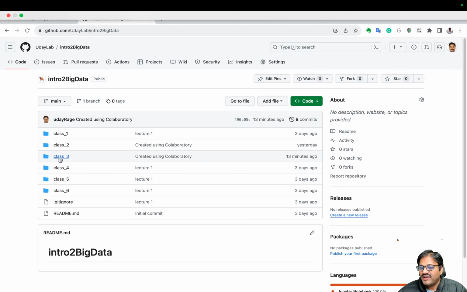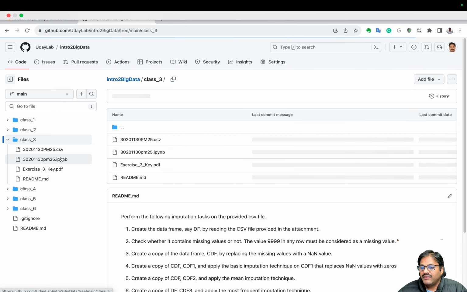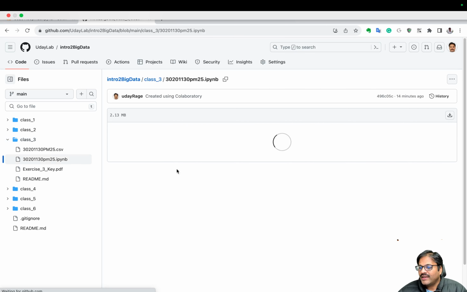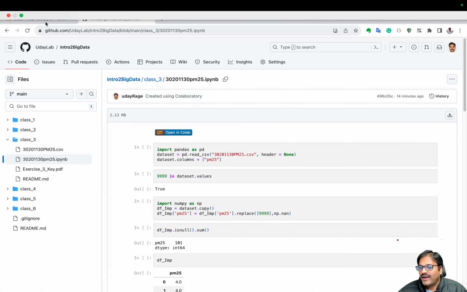In this repository, if you visit the class 3, then you can find the dataset that I have used for the experimentation and also the notebook file that I am going to use for this experimentation. If you click, you can find the notebook file here. Okay, so now let us do this notebook.